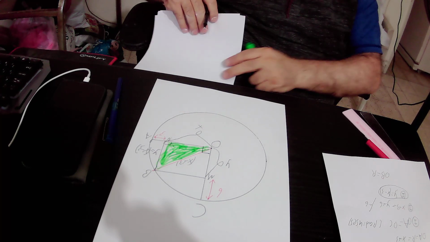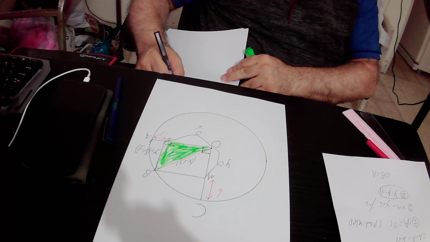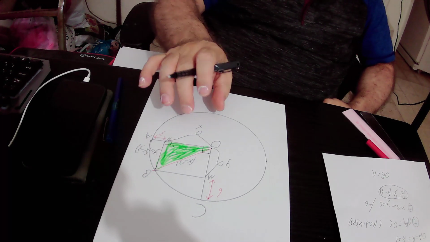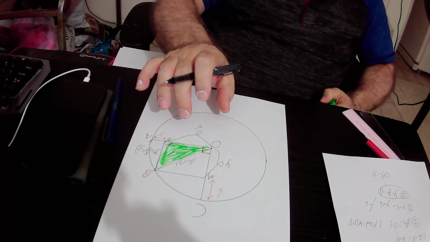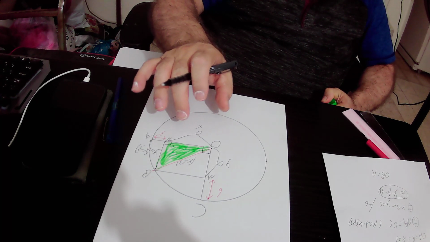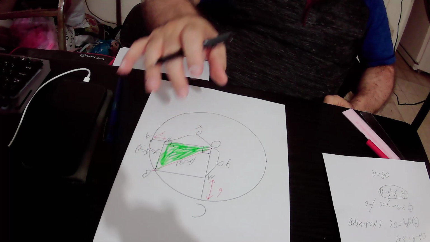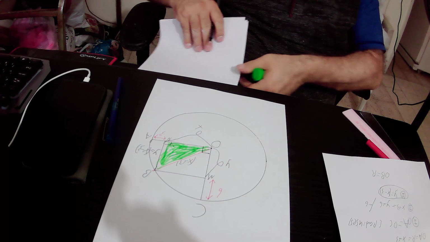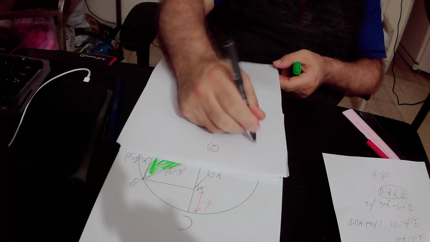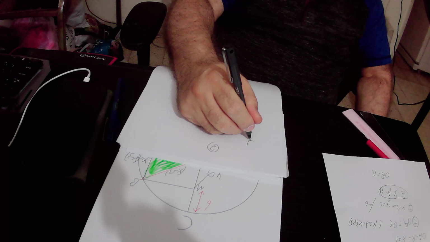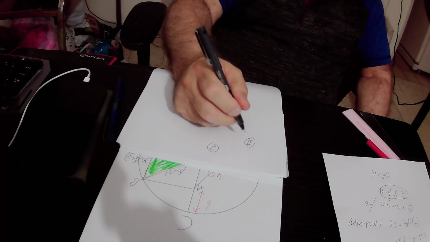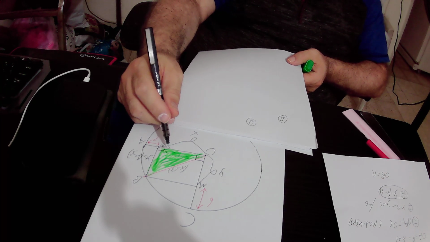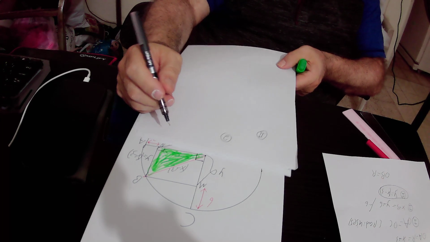According to the Pythagorean theorem, the square of the hypotenuse equals the sum of the squares of the perpendiculars. That is to say, OB square equals ON square plus BN square. So equation number 2 will be the implementation of the Pythagorean theorem in our right green triangle.